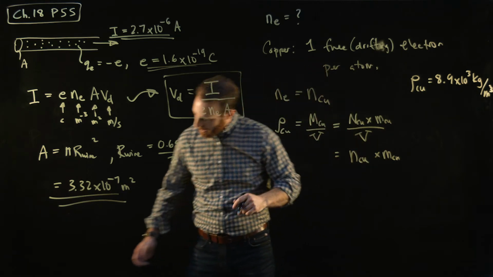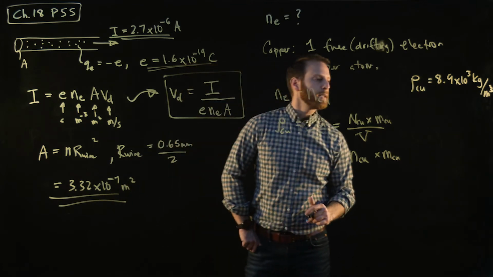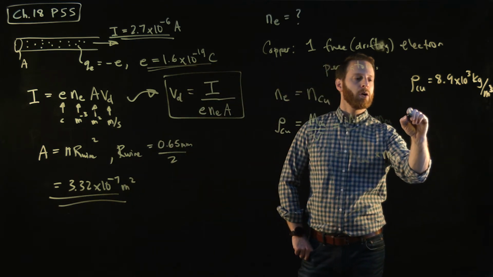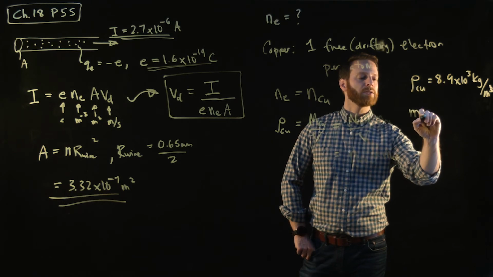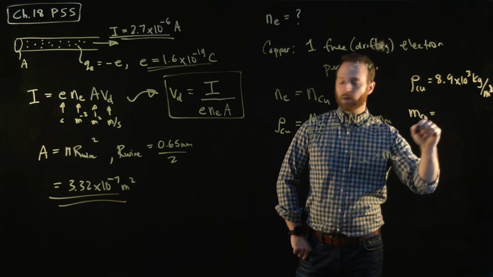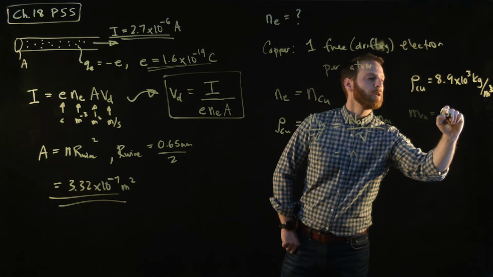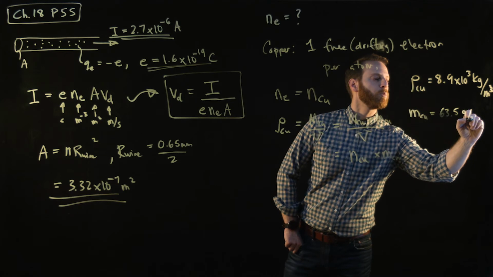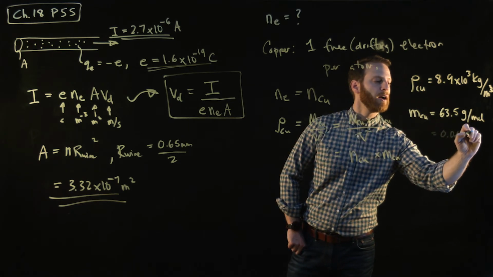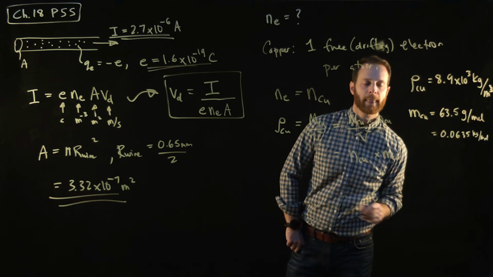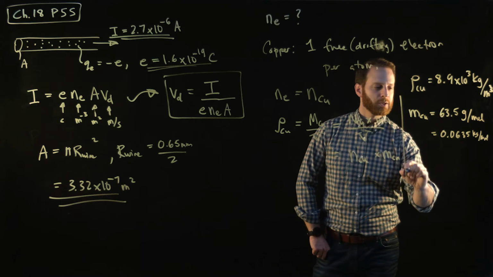The mass of a copper atom can be figured out because the atomic mass of copper can be written as approximately 63.5 grams per mole, or if you like, that's 0.0635 kilograms per mole.